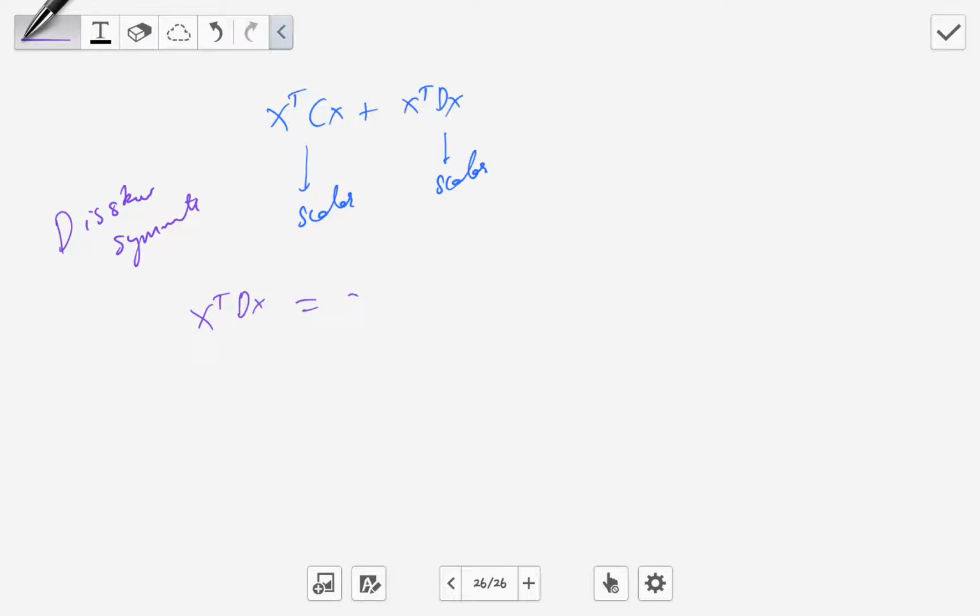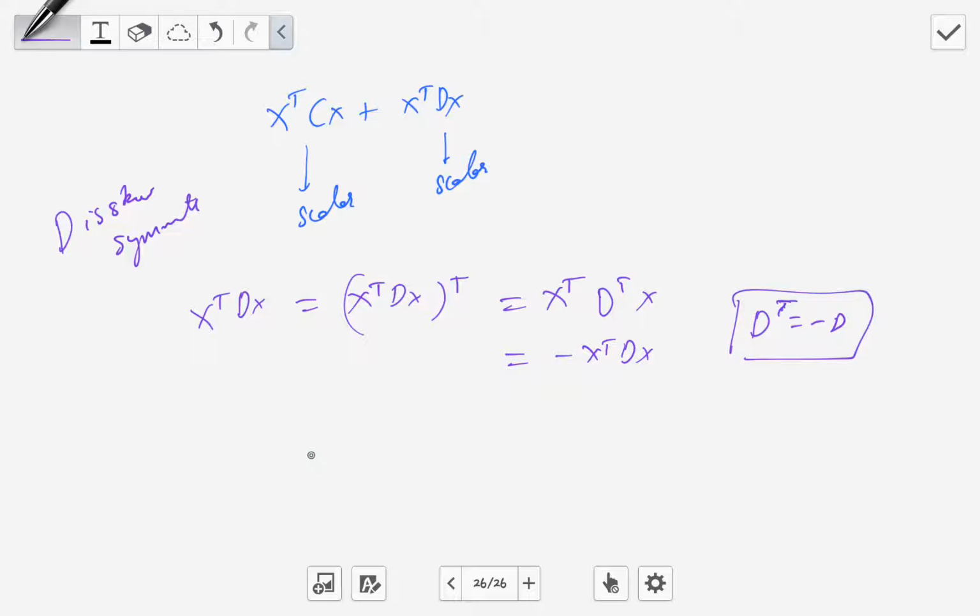Now since this is a scalar, x transpose Dx is equal to (x transpose Dx) transpose, which is x transpose D transpose x, which is minus x transpose Dx, because D transpose is equal to minus D because of skew symmetry. Now what does this imply? x transpose Dx is equal to minus x transpose Dx, which means x transpose Dx is equal to 0.